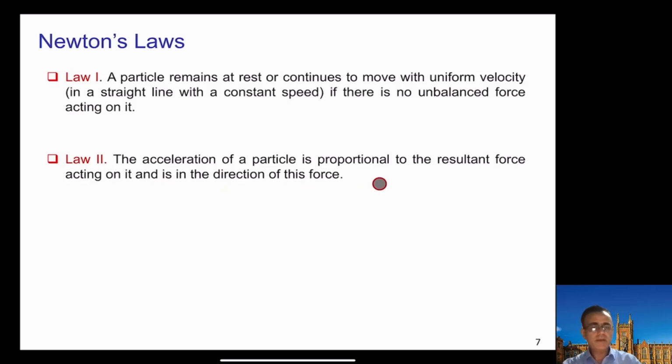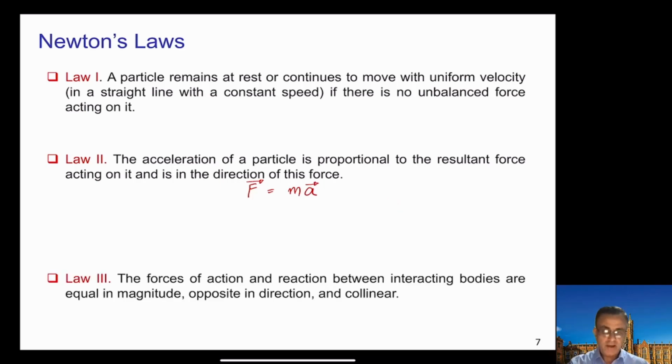Mathematically we can write Newton's second law as F equals ma, and we know that F is a vector. Normally in the books they use a bold letter, but here we will use F with an arrow on top of it to show that this is a vector. And mass is a scalar, but a is also a vector, so we will also write an arrow on top of it.